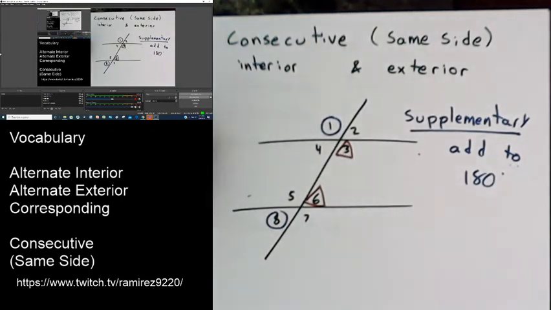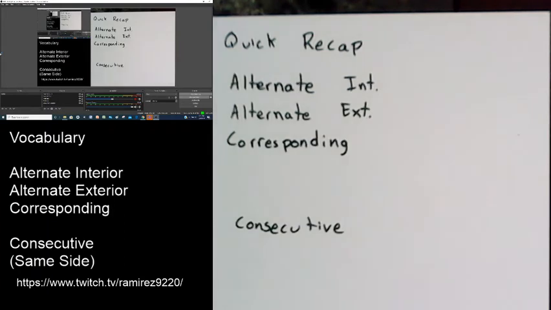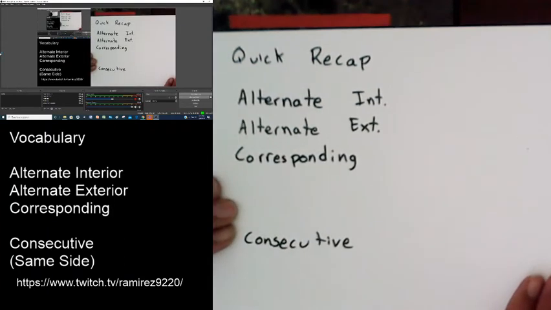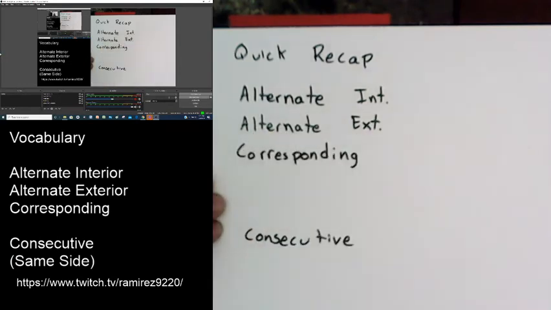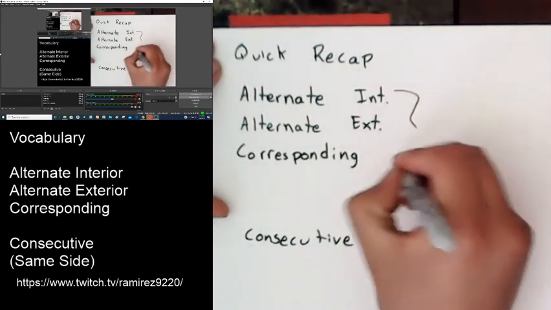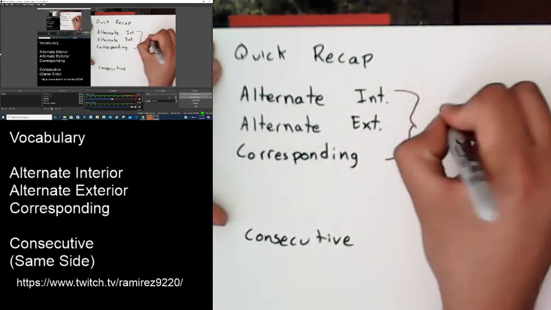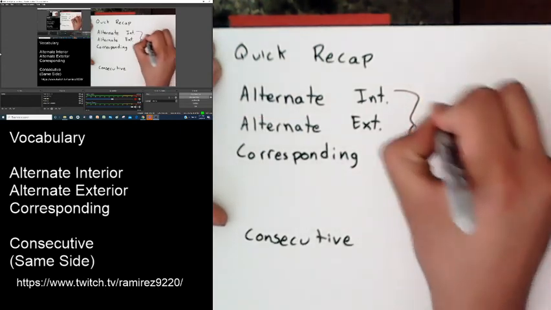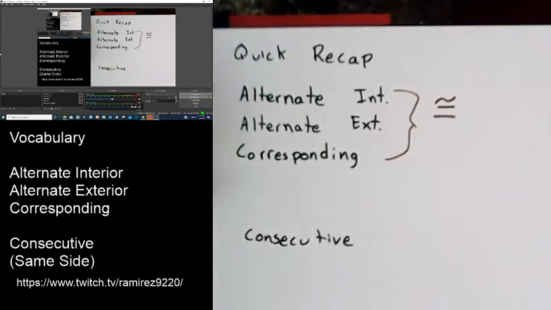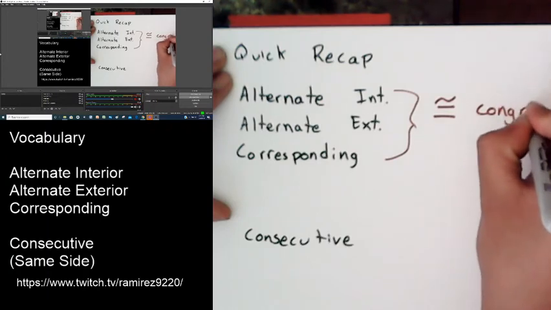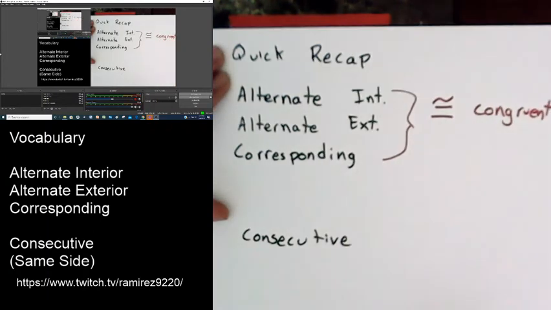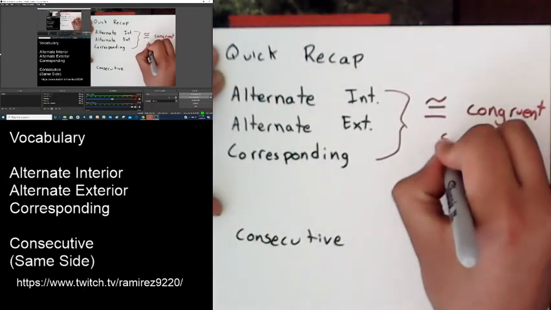As a quick recap, we saw how alternate interior angles, alternate exterior angles, and the corresponding angles were congruent. And this is the symbol for congruence, an equal sign with a little squiggly on top. Okay, that means congruent, which when we're dealing with actual numbers, it just means that they are the same.